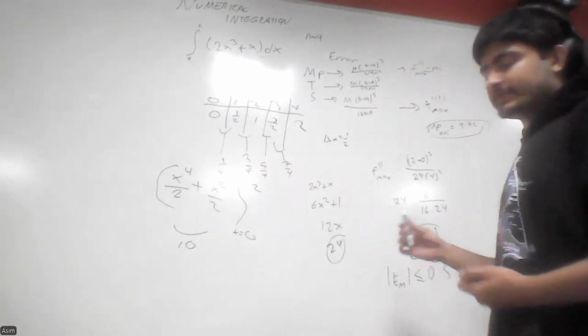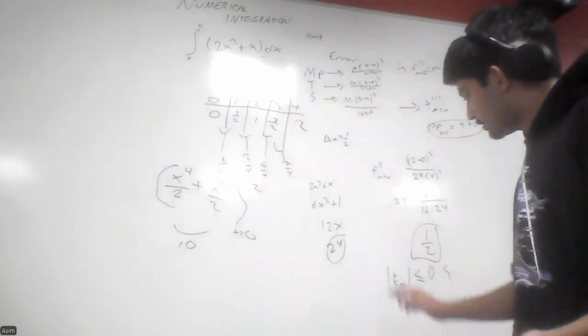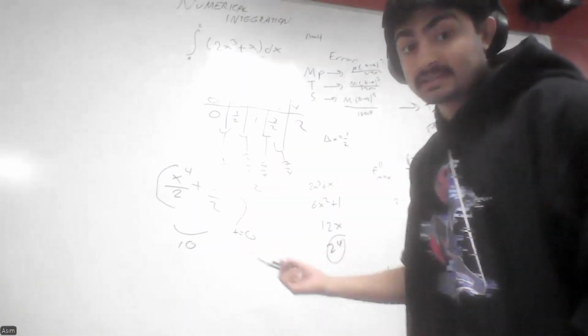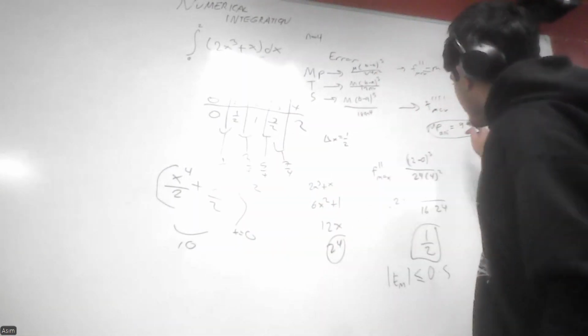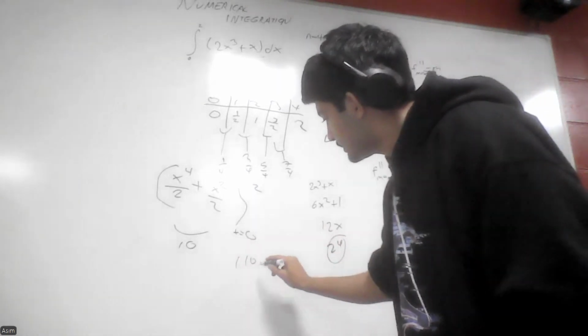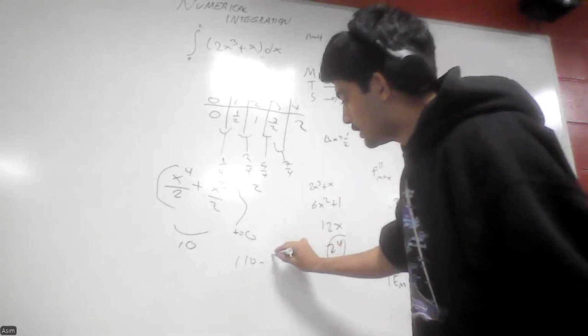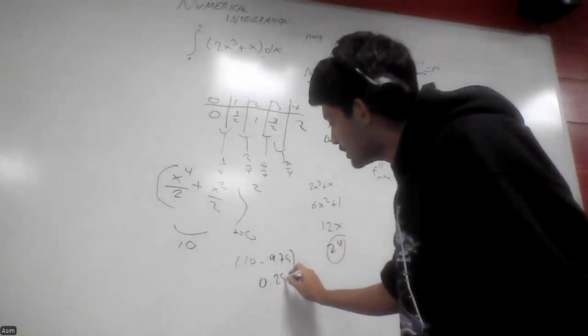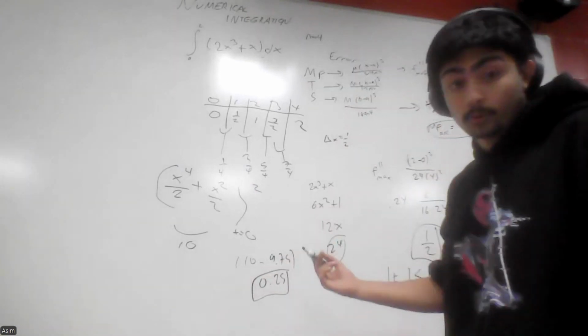All right, guys. So for the error, once you get your exact integral answer, you take the absolute value of 10 minus the other answer you got, which is 9.75, and you get 0.25 as your error.